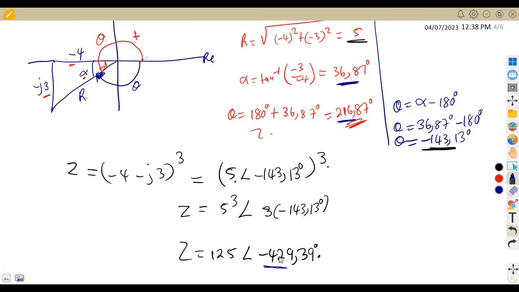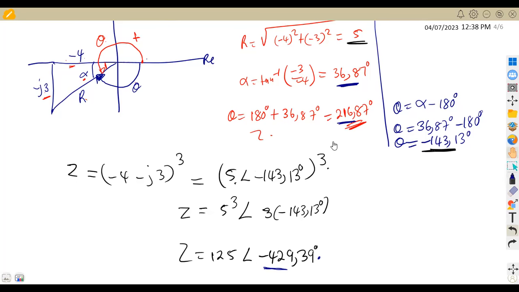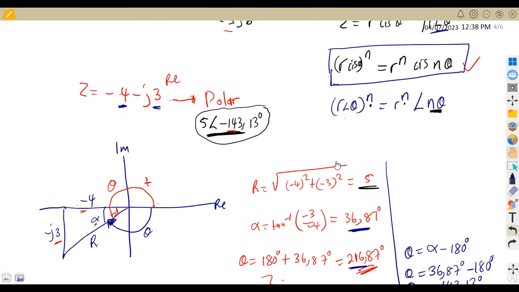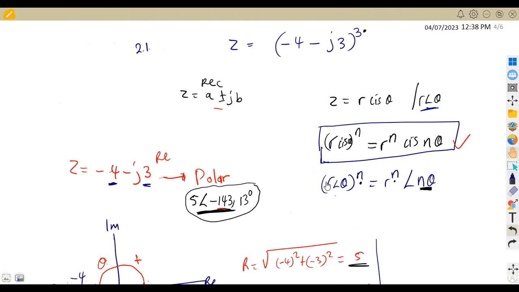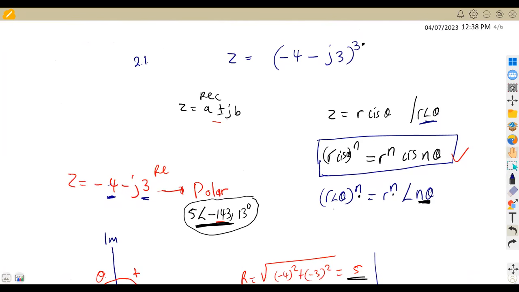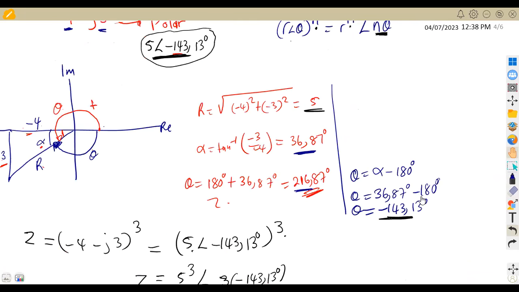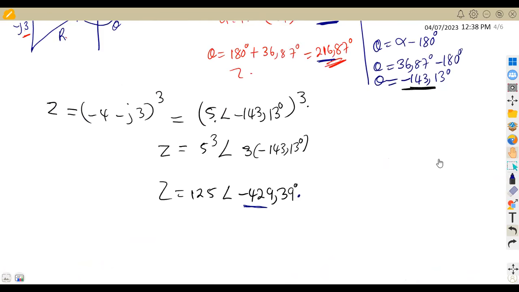That is the idea. So take note that your question here is asking you to leave the answer in rectangular form. So we are supposed to convert our final answer back to rectangular form, because it is in polar form.